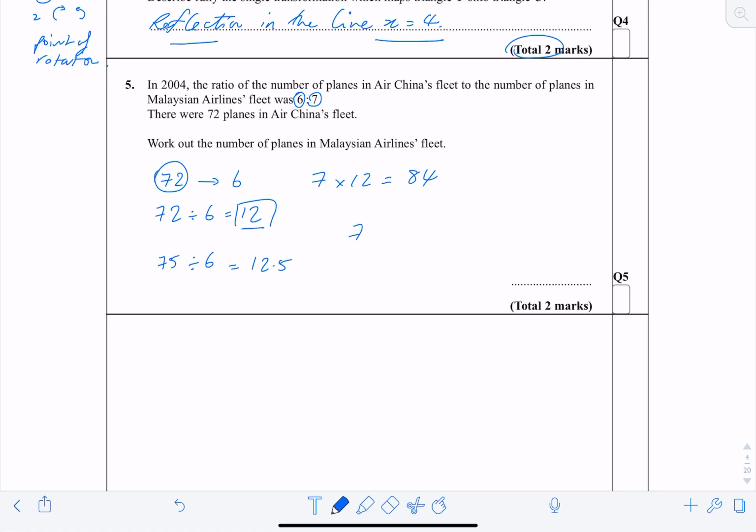So now my ratio is 72 to 84. We can check our answer, because if we've got a ratio, we can always divide by a common factor. Here I could divide by 12, which is exactly what I just did, and get 6 to 7. So the number of planes in Malaysian Airlines' fleet is 84.